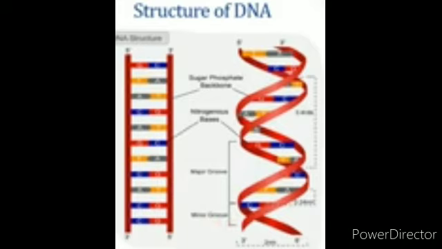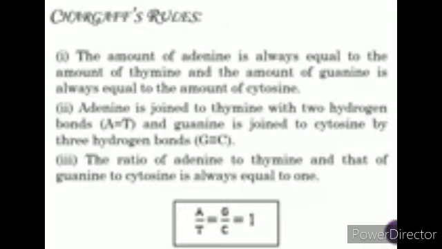Then the base pairing. If one strand, 5 prime to 3 prime, is made up of purines, the other strand, 3 prime to 5 prime, is always pyrimidines, or vice versa. Adenine is always paired with thymine by 2 hydrogen bonds, and guanine is paired with cytosine by 3 hydrogen bonds.